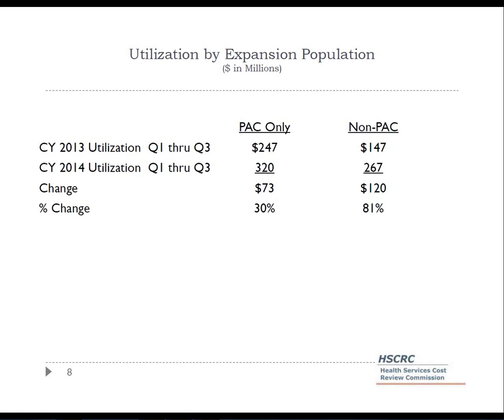The PAC population is a fairly high need patient population historically, so they were using hospital services even if they weren't covered, and I think that initially at least it looks like that's the case. We would expect it to settle down even more, with the MCOs managing the care.